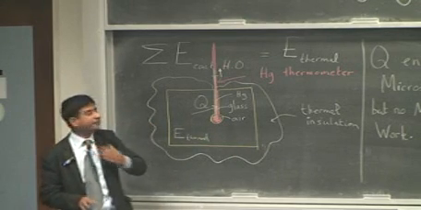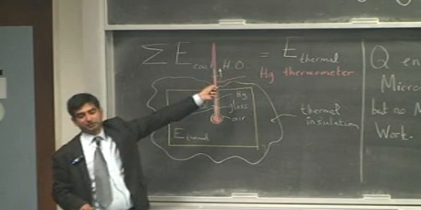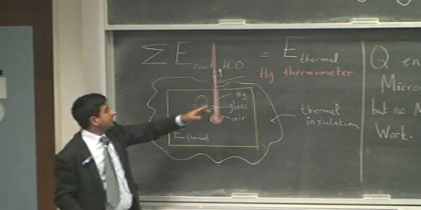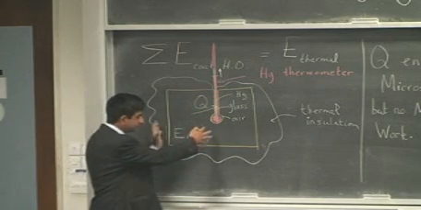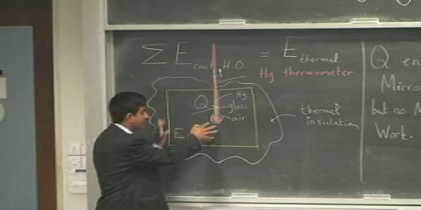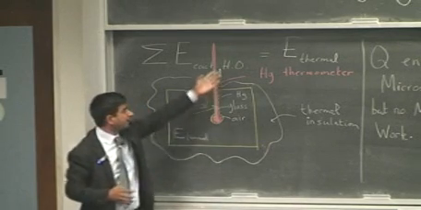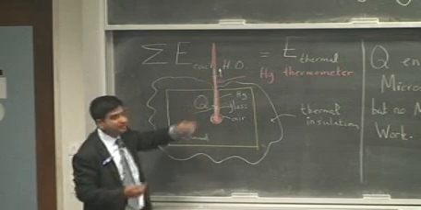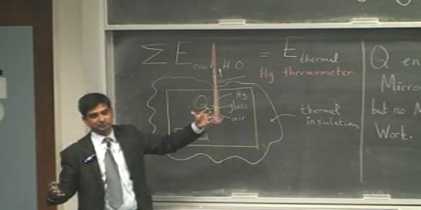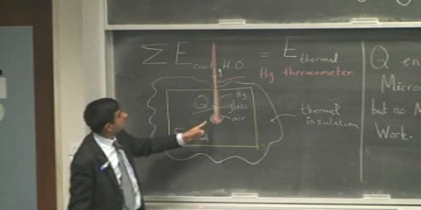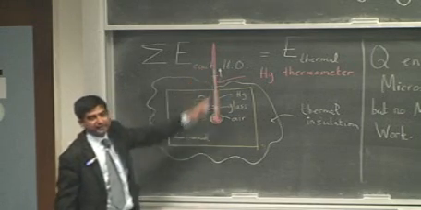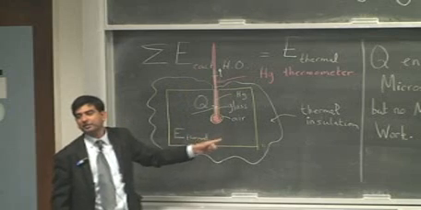Remember that if this device has to work, there has to be good contact between the solid and the molecule and the mercury, and the mercury must have a small mass as compared to the solid. So I can calibrate this scale in units of thermal energy.